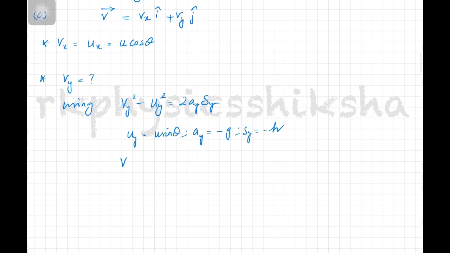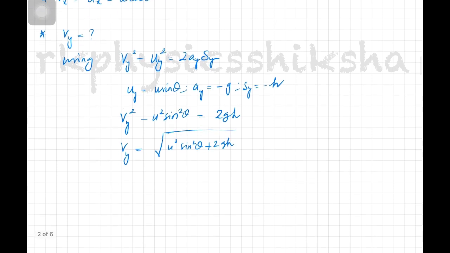Substituting these values, I get vy square minus u square sin square theta is equal to 2gh, and the component vy is equal to root of u square sin square theta plus 2gh.